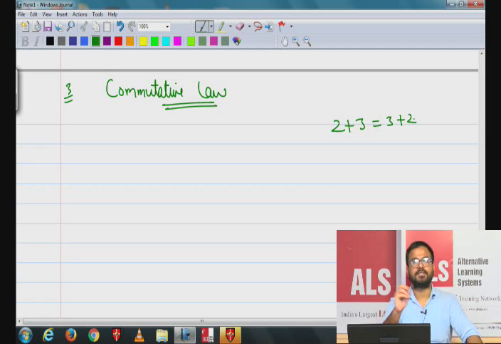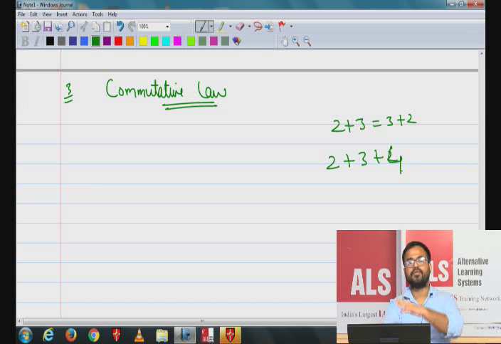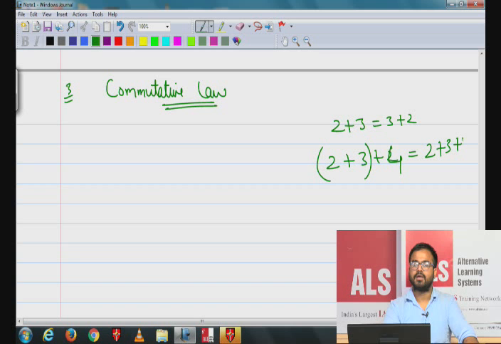Similarly, for the associative law for addition, if there are 3 numbers, 2 plus 3 plus 4, either we add 2 and 3 first and then 4, or we add 3 and 4 first and then 2, and both are the same.